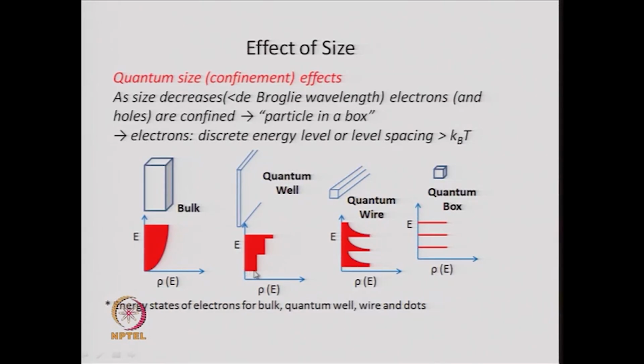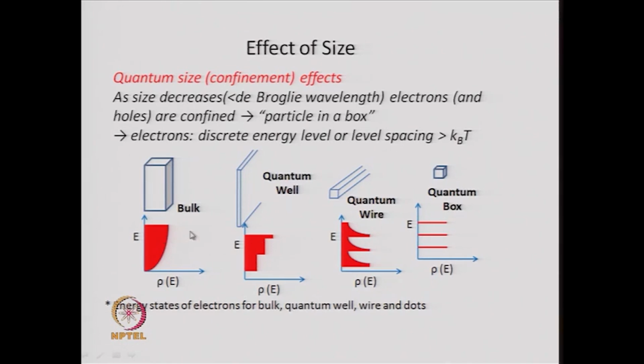Here you have no variation in density of states in this energy region, there is a variation in this region, and then suddenly it jumps to another density of states, and then again there is a small variation. So, this plot of density of states versus E is very characteristic whether you have a bulk particle or a quantum well like structure, which is like a 2D nanostructure.